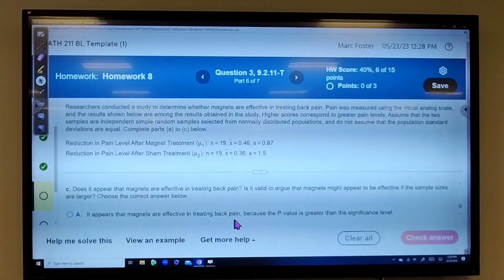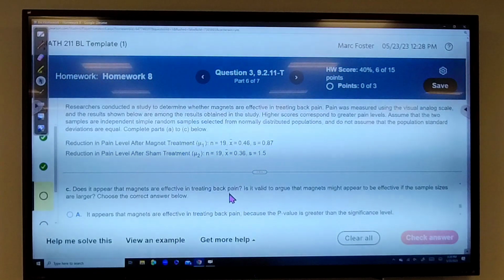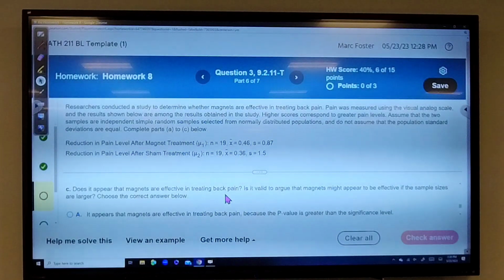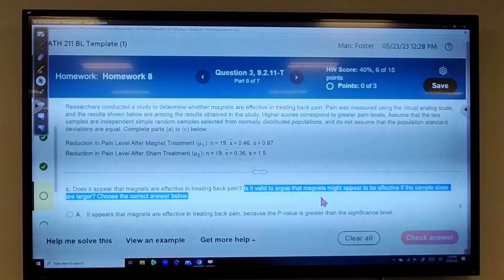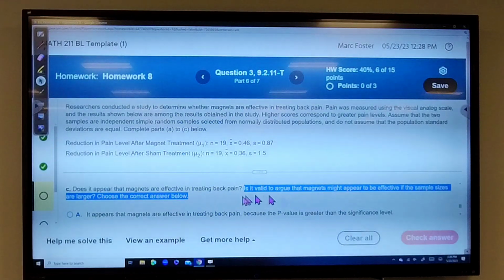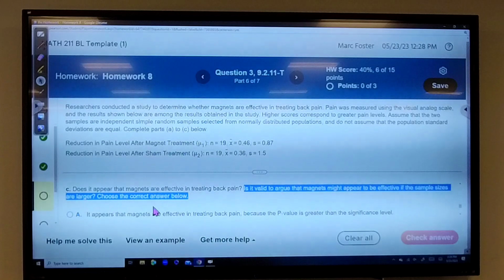Does it appear that magnets are effective in treating back pain? No, it does not. Is it valid to argue that they might appear to be effective if the sample sizes are larger?